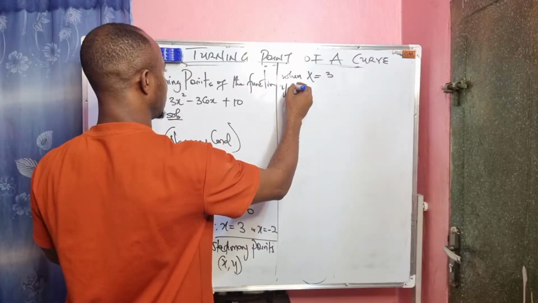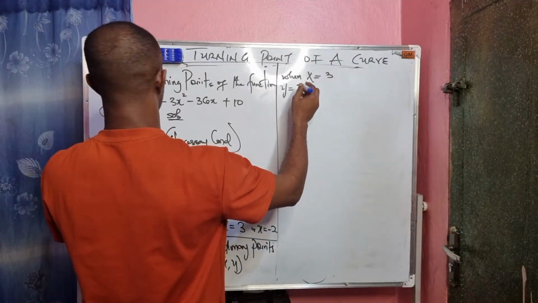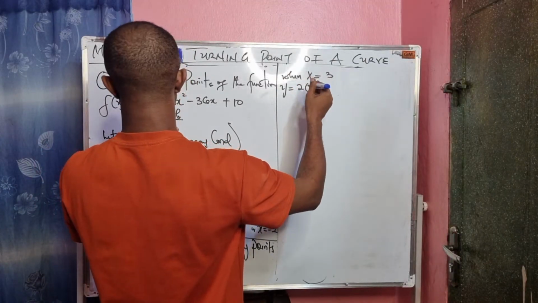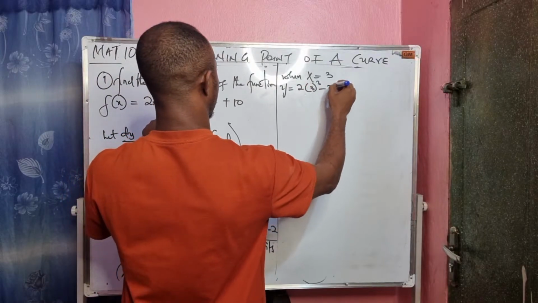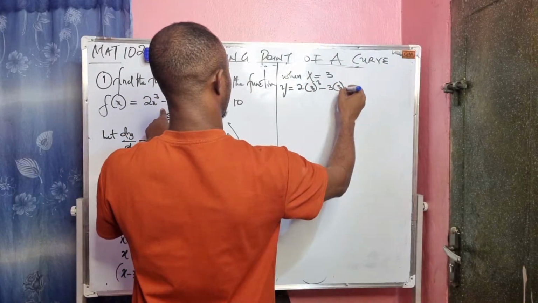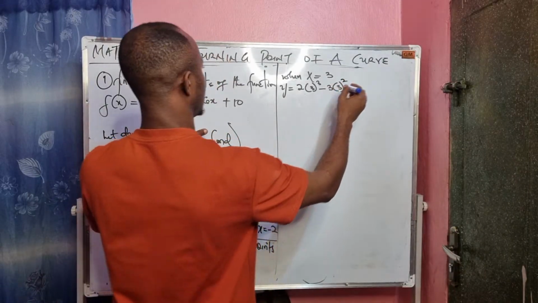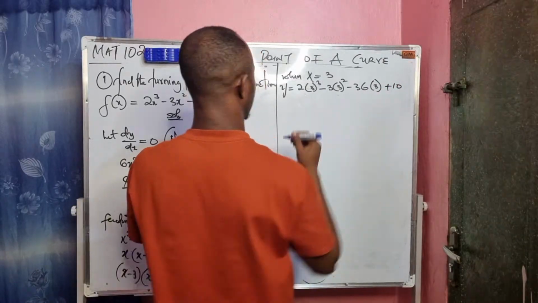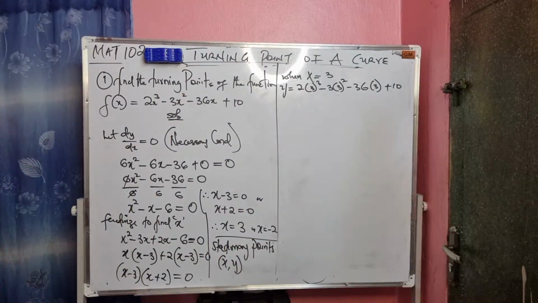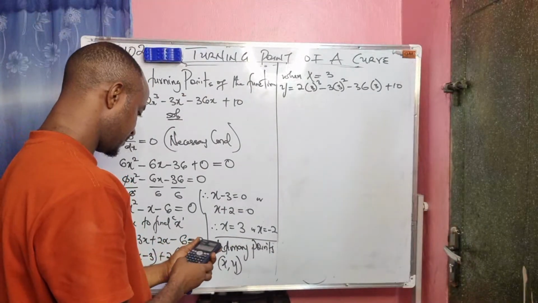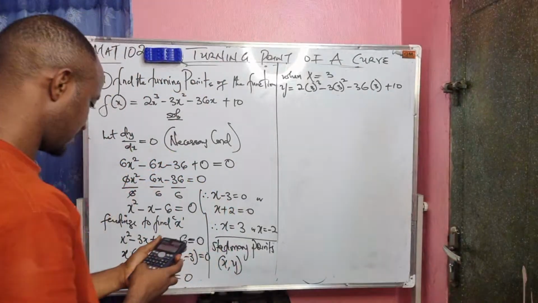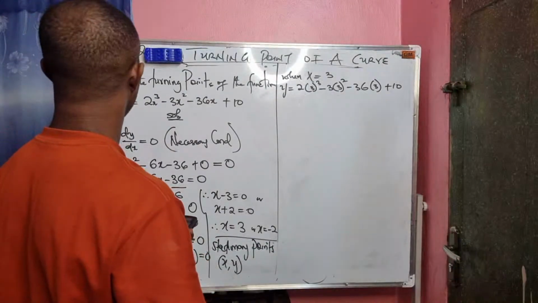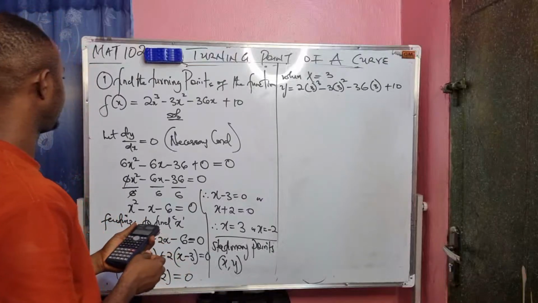So here y becomes 2 times 3 to the power of 3, right? Minus 3 times 3 squared, minus 36 times 3 plus 10. Let's see what will be the value here.